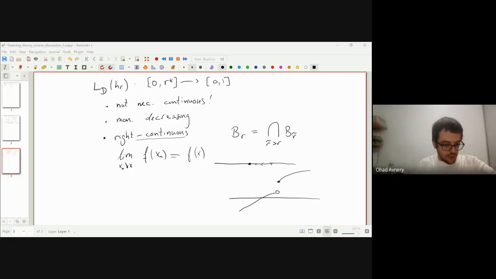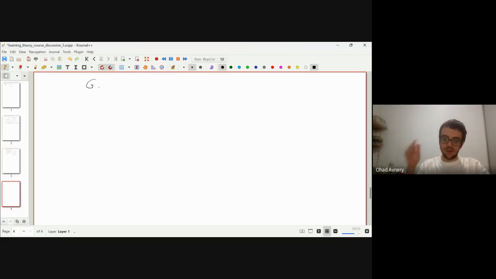Okay, so we have our function, and now for a given parameter epsilon greater than 0, we want to bound the probability that the loss is greater than epsilon.